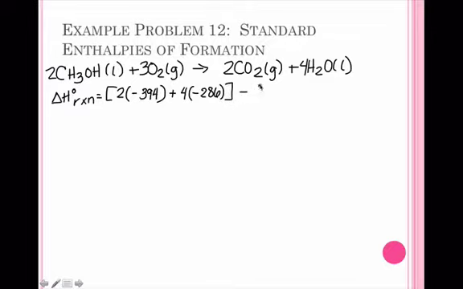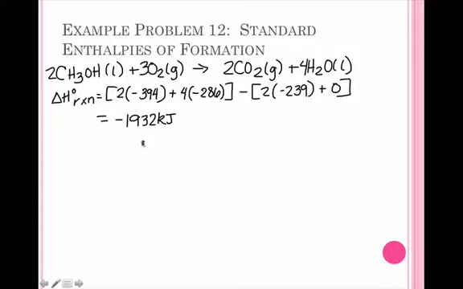And then I want to subtract out the reactants. So 2 times negative 239. And remember, it would really be plus 0 because oxygen is elemental oxygen, so it doesn't have a heat of formation. You do all of that and you end up with negative 1,932 kilojoules.